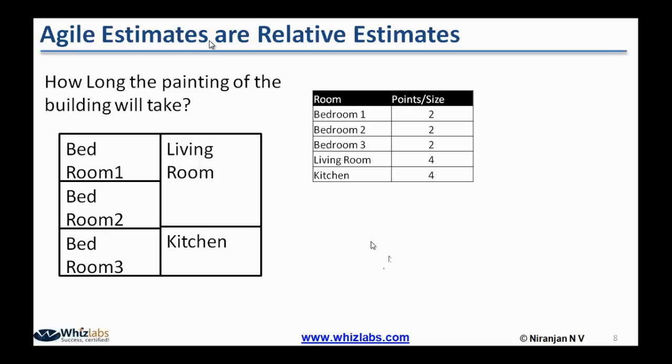I also mentioned that the living room is twice as big as a bedroom. So it will take 2x the amount of work. So we have to give 4 points. We have to multiply by 2 times.